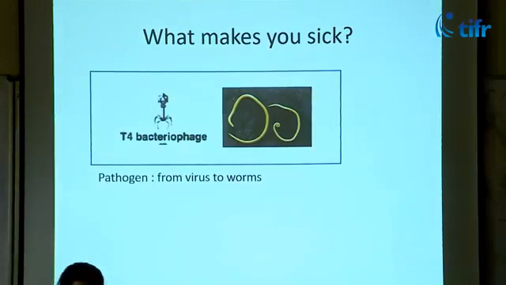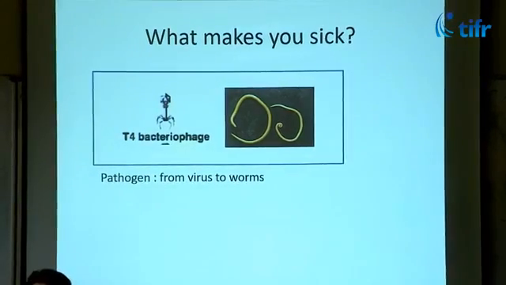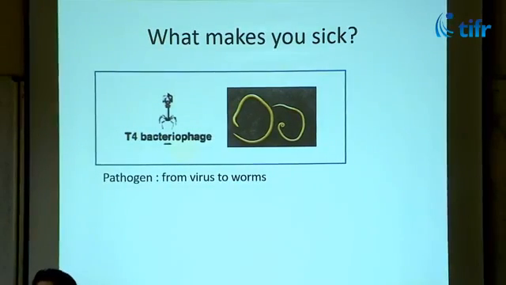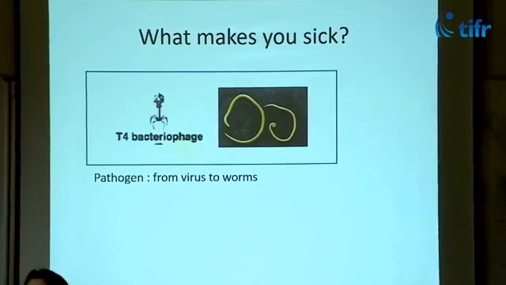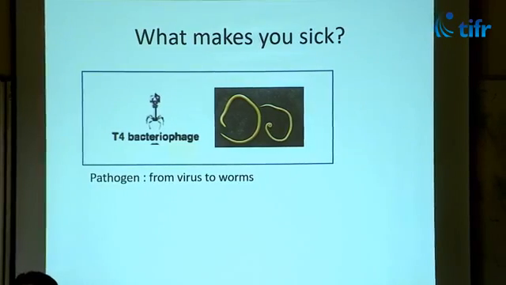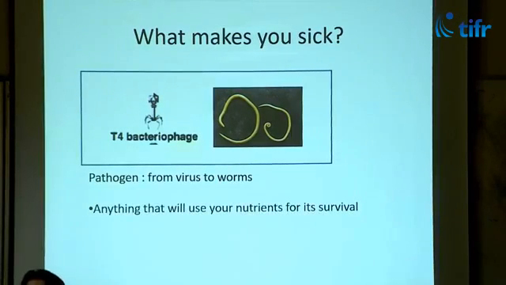So then we'll move on to the next question, and that is what makes you sick. So what are pathogens? Pathogens are anything that makes you sick, anything from viruses to worms. So this is a huge range of things that can make you sick. And what they do is basically they affect your body's normal functioning and cause your body to behave in a way that is not normal, that is aberrant from the normal condition. So how do we define pathogens? We define pathogens using three different criteria. The first thing is it has to use your nutrients for its survival.